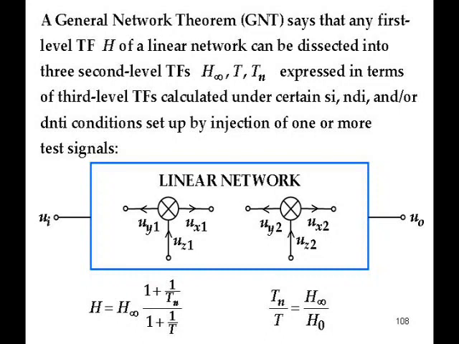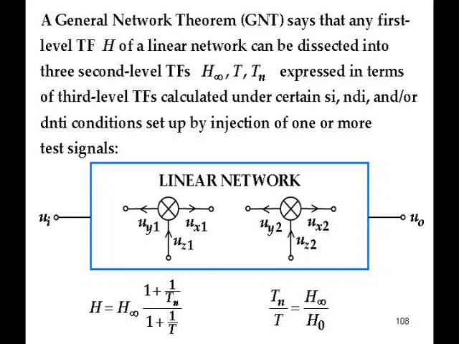So the general theorem says any first level transfer function H, again that's voltage gain, current gain, transimpedance, input impedance, output impedance, whatever you like, can be dissected into three second level transfer functions, H infinity, T, and Tn, or a fourth one because of redundancy, the H0, expressed in terms of third level transfer functions.